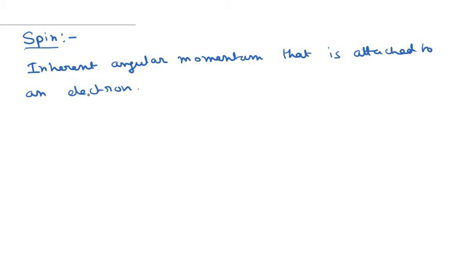You cannot remove this angular momentum. You cannot make the spin of an electron zero. It is not possible. So point number one is that it is inherent, so it can't be removed.